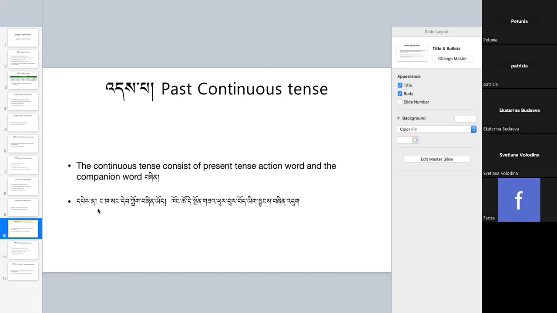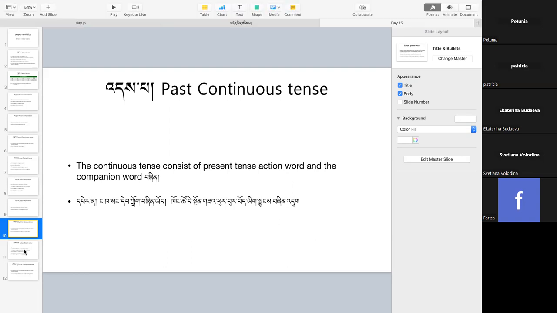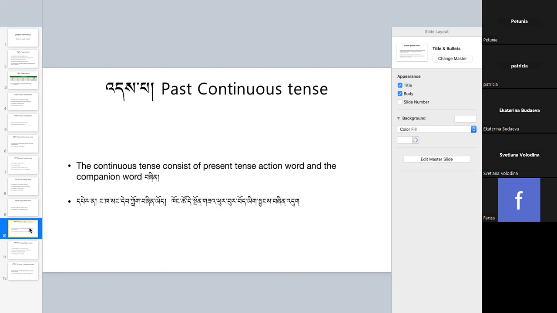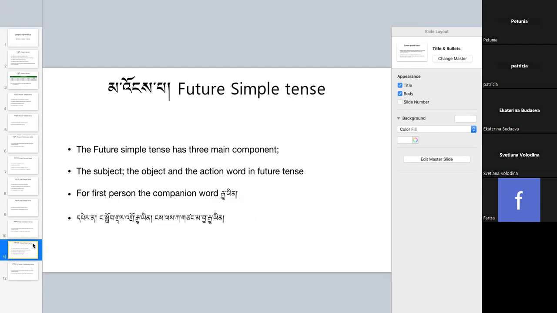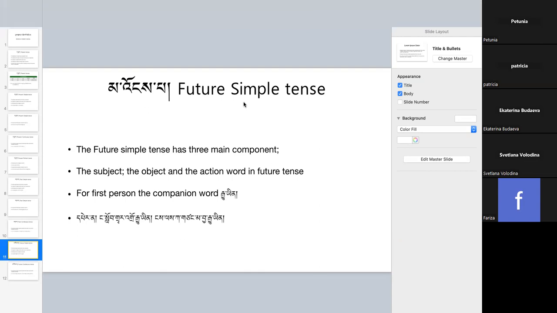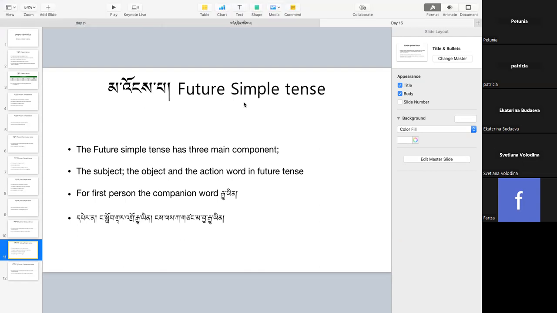Now there is no variation for the past perfect tense. So we go to the future simple tense. The future simple tense has three main components: the object, the action word in future tense, and the subject.